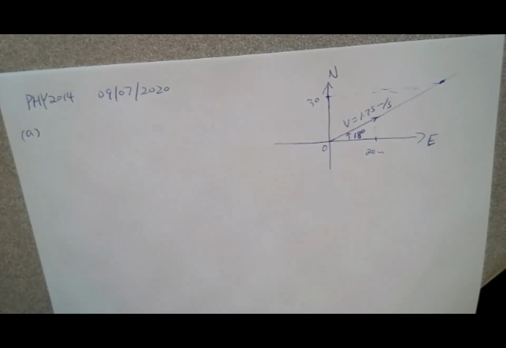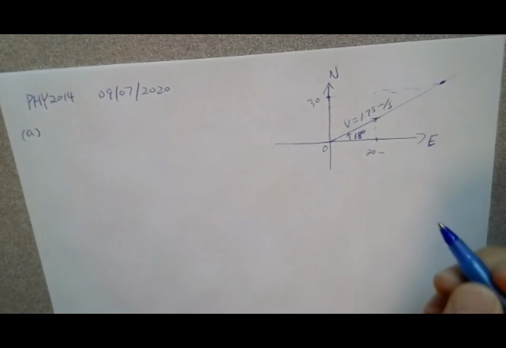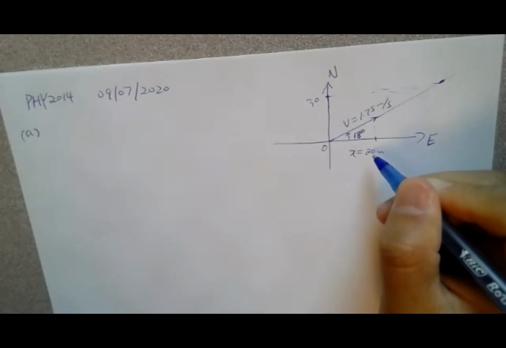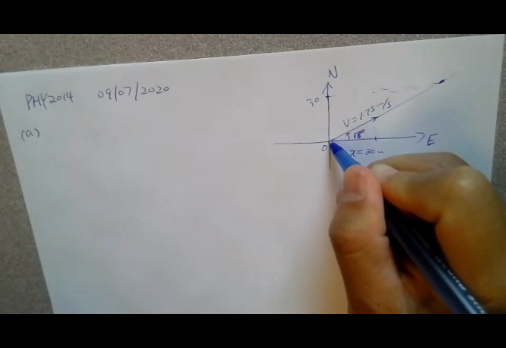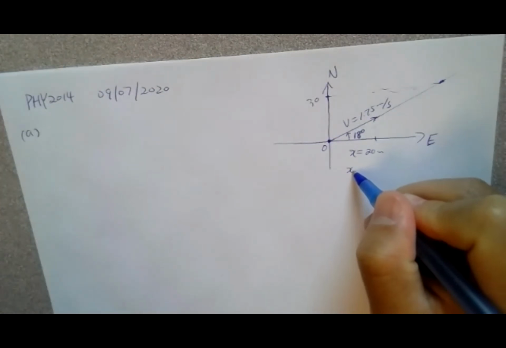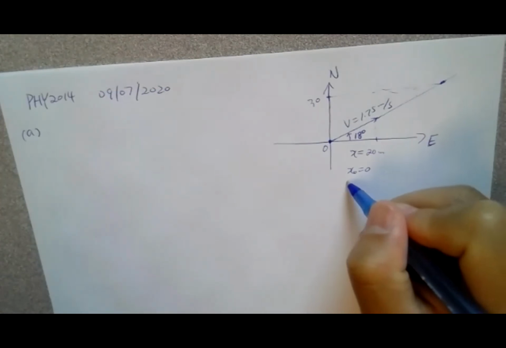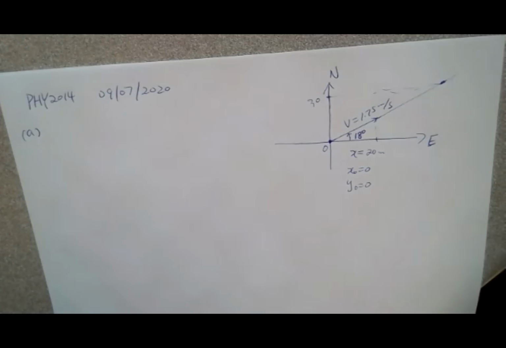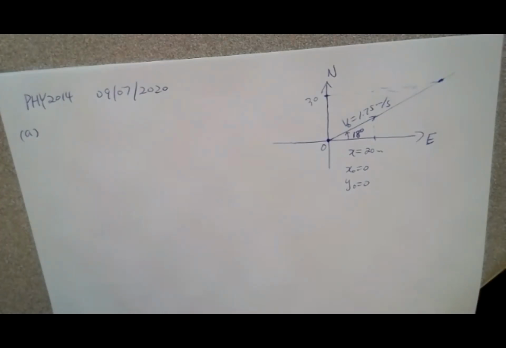All right, so for A here, it tells you X is equal to 20. This is the final X, right? We can set your original position to be at the origin, so X naught is 0 and Y naught is 0. And V naught, or V, is constant because it's constant velocity.